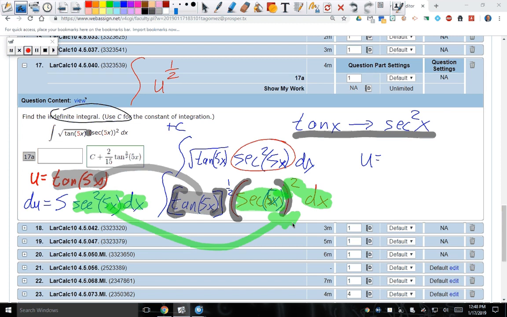The only one that is not in my original integrand that just popped up out of nowhere is what number? 5. And again, if you divide both sides by 5, you're going to replace everywhere where you saw this originally with 1/5 du.